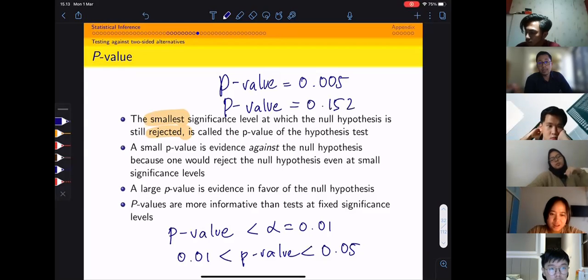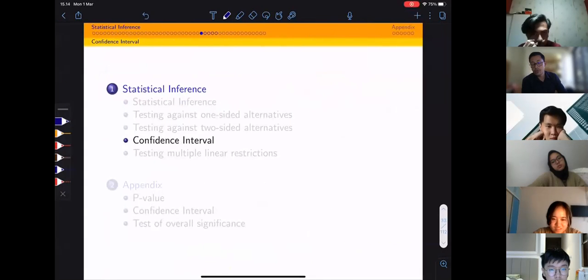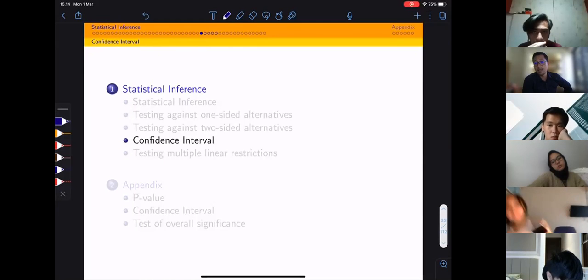So p-values are going to be more informative than the t-ratio at a fixed significance level. What I usually do is look at the p-value and compare that to the significance level of interest. It could be 1%, 5%, or 10%. Using the p-value is more informative than just using the t-test. Why?